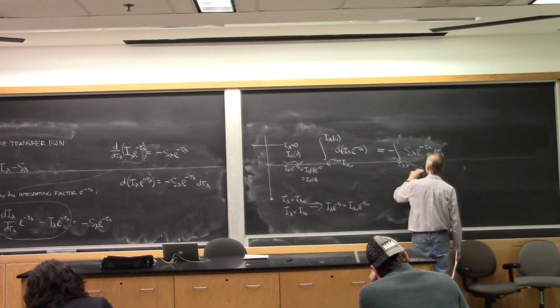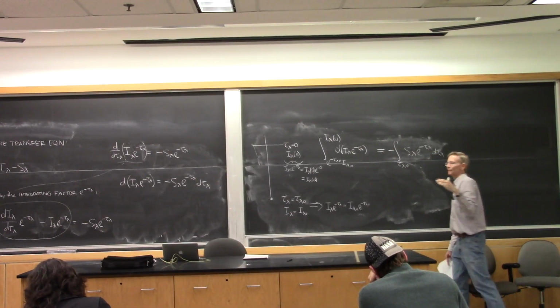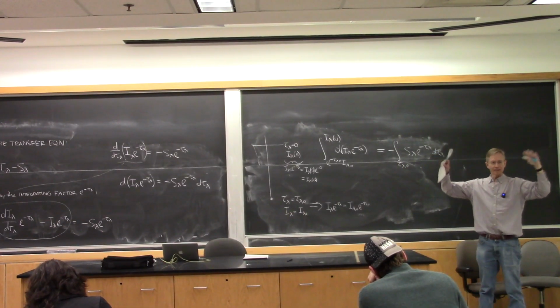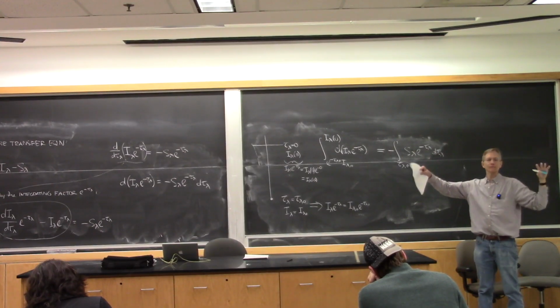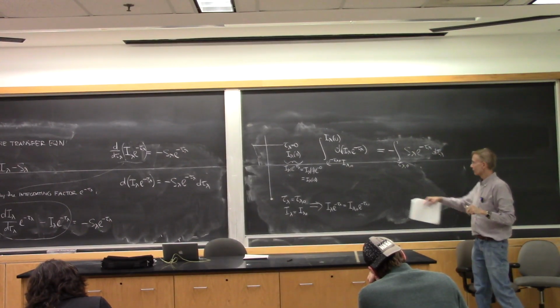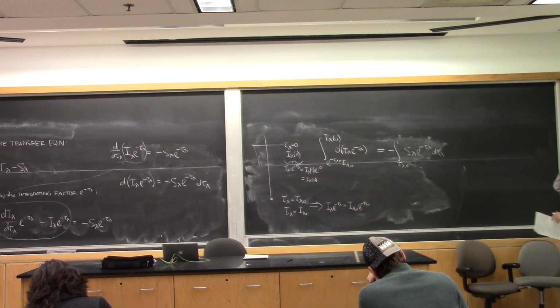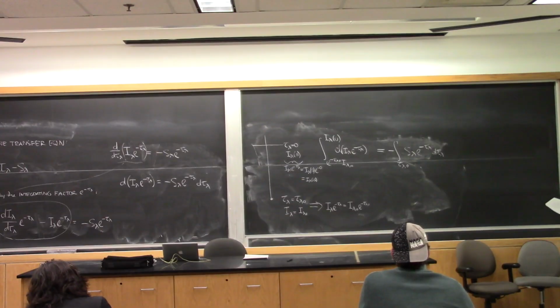Right? Important mathematical tool: if you're doing definite integrals on both sides, the limits correspond to one another. So the lower limit is where tau lambda is equal to tau lambda naught, I lambda is I lambda naught. If I'm only integrating d tau lambda, then I only have to worry about tau lambda naught.